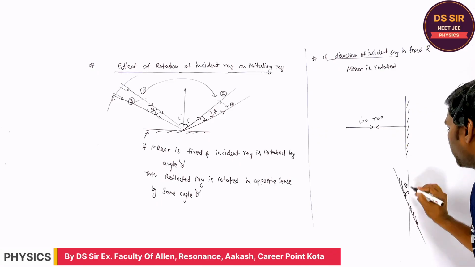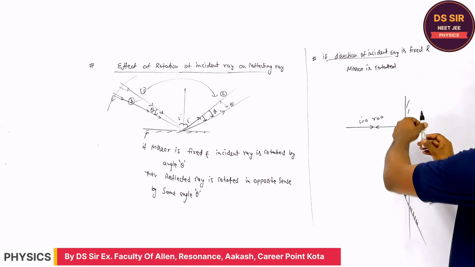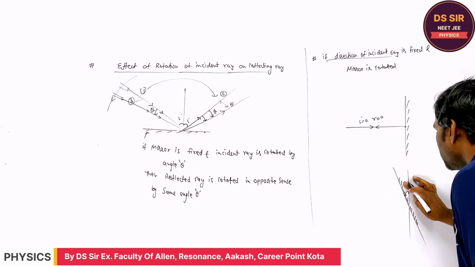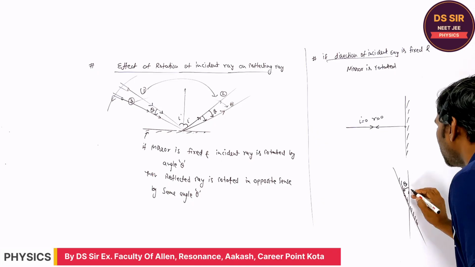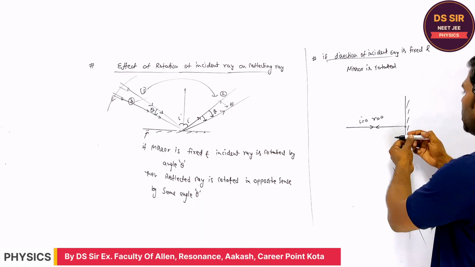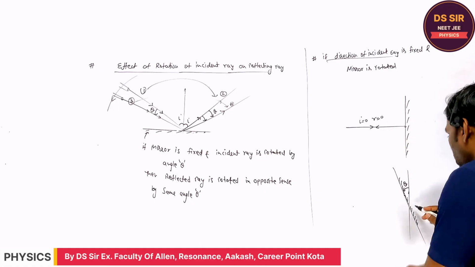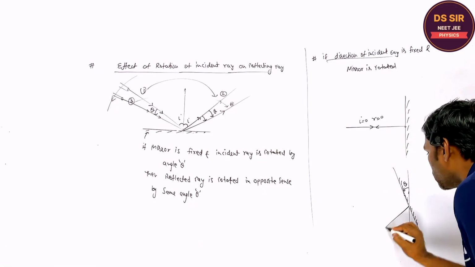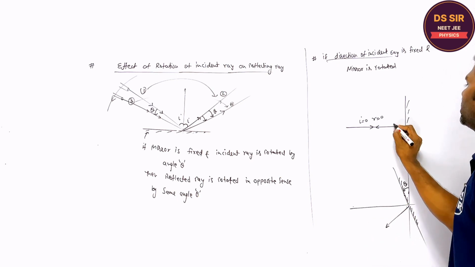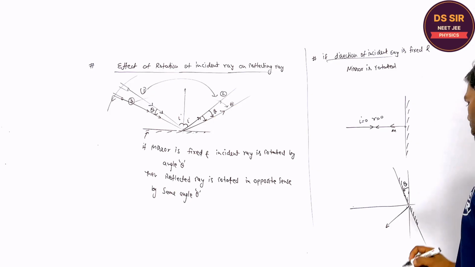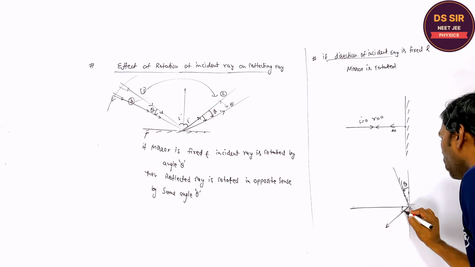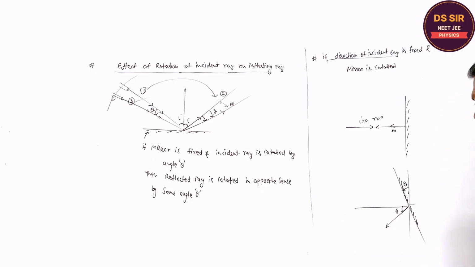It is rotated by theta in this way. Initially the normal is in this direction, so the normal is also rotated by angle theta. You understand or not?